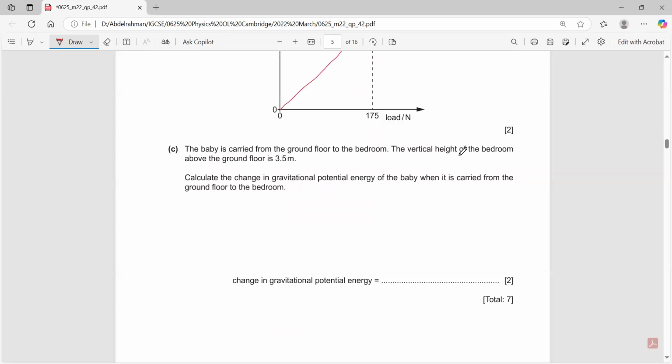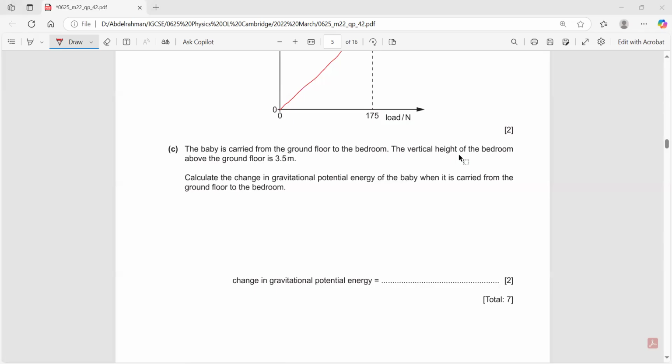The baby is carried out from the ground floor to the bedroom. The vertical height of the bedroom above the ground is 3.5 meters. Calculate the change in gravitational potential energy when the baby is carried from the ground to the bedroom. Gravitational potential energy GPE equals mgh, right?